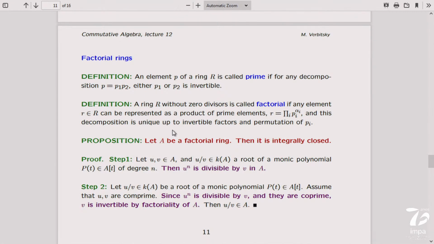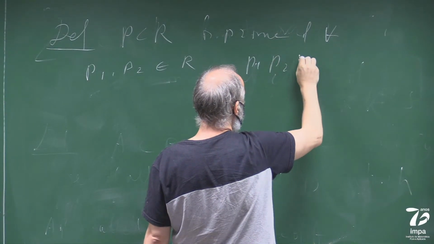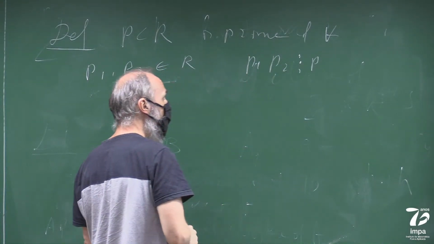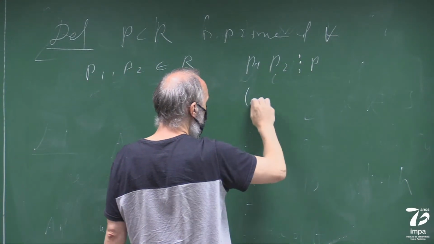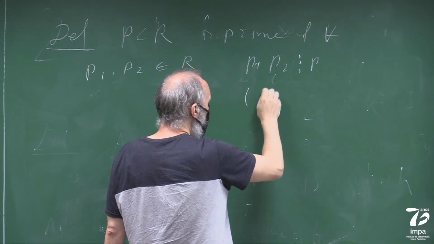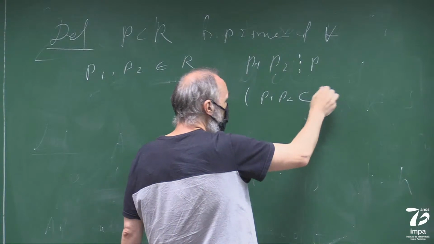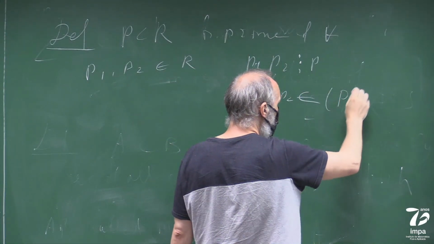So definition: P inside R is called prime if for all P1, P2 inside R such that P1 P2 divides P, this is equivalent to P1 P2 belonging to the ideal generated by P.